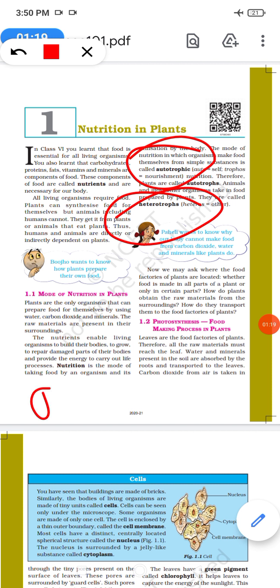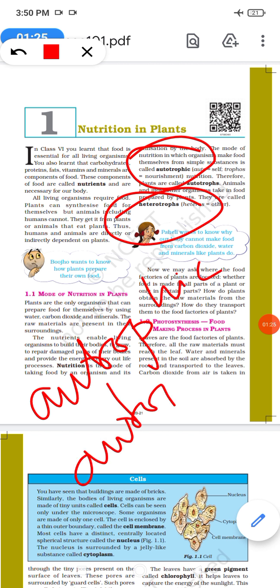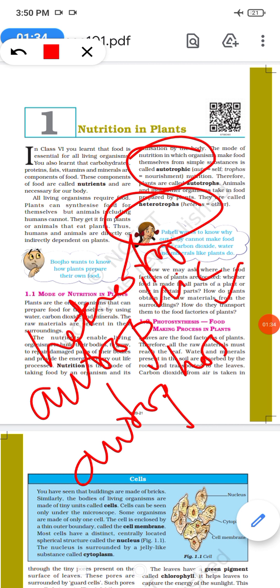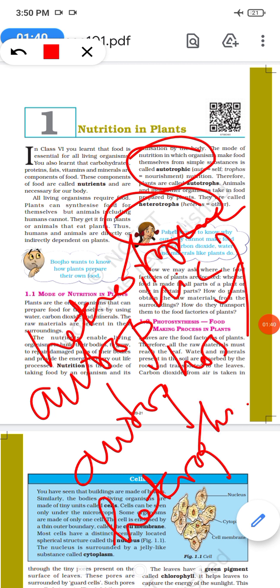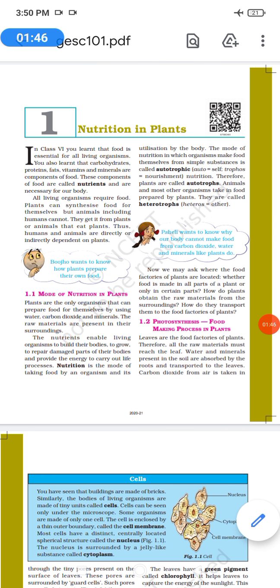So autotrophic is the mode of nutrition, and autotrophs are those organisms which follow this autotrophic mode of nutrition. The same is for heterotrophic: it is a mode of nutrition, and heterotrophs are those organisms which follow this heterotrophic mode of nutrition.